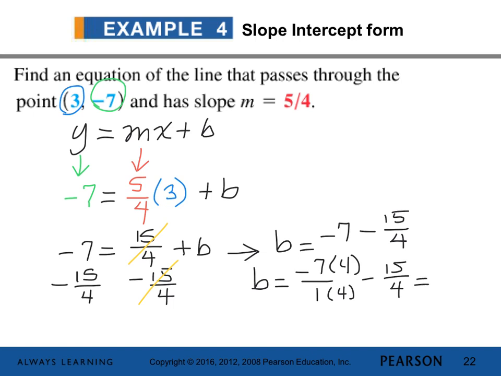Seven times 4 is 28. So that tells me that b is equal to -28 minus 15 is -43 over 4.